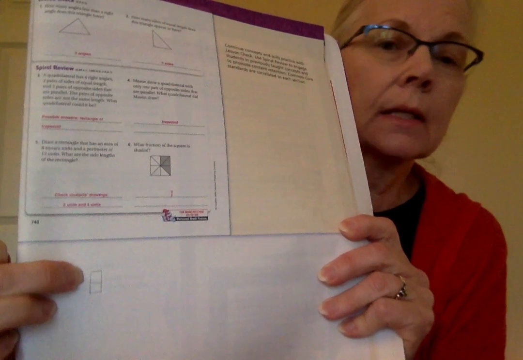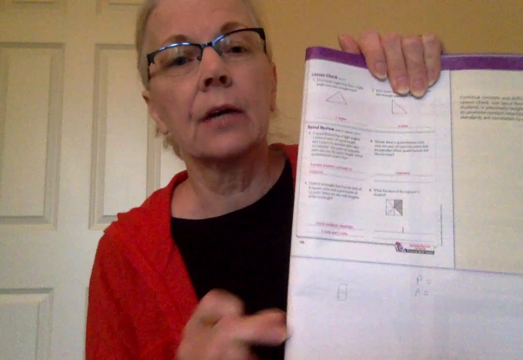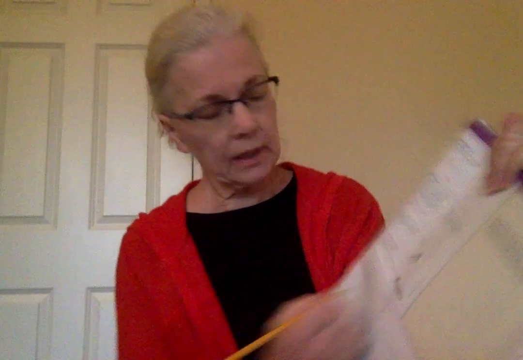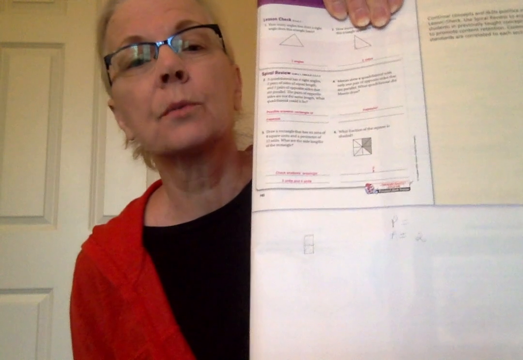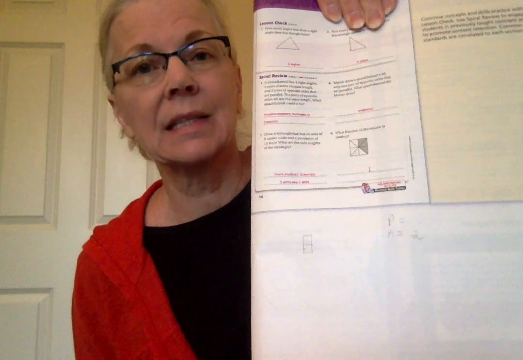And when I look at this, I'm going to write down how many are in the perimeter and how many are in the area. So the area fills up the whole space. So that's 1, 2. We have an area of 2. What's the perimeter? Remember, that's the outside edge.